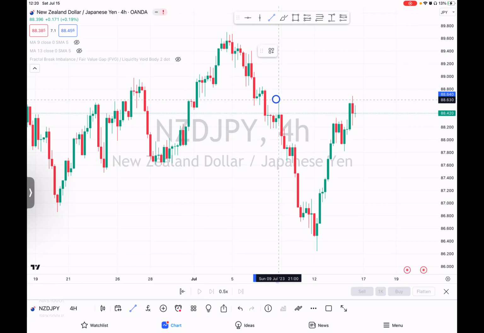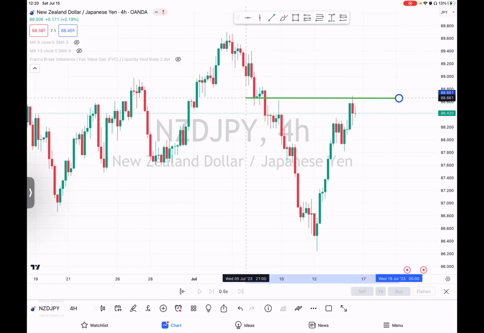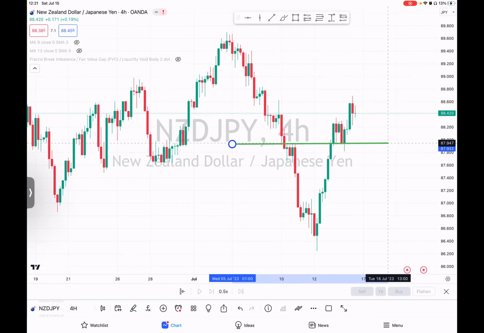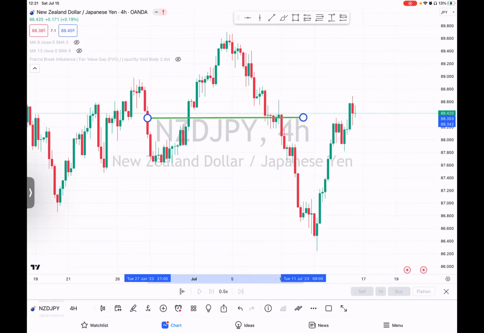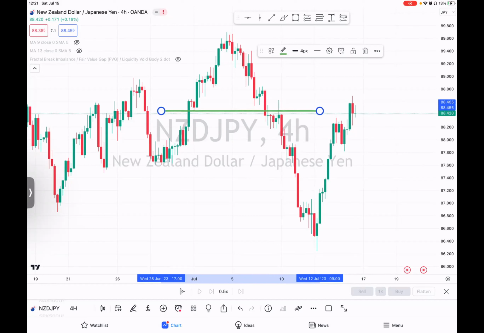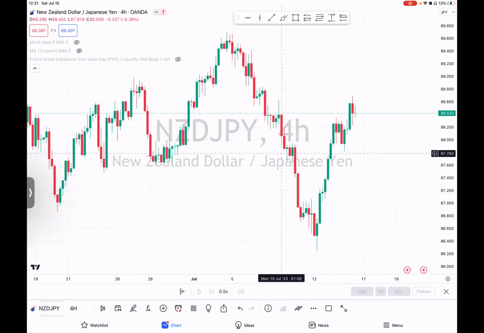Hover over the candles to the left of the number 4, the red candles with the exhaustion. You need to put the green line so you can see the time at the bottom of the screen.